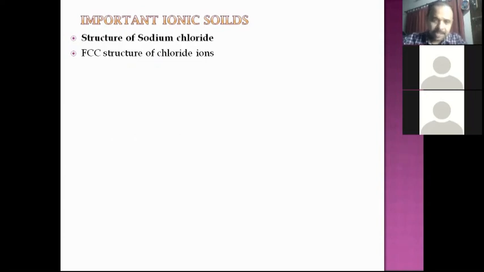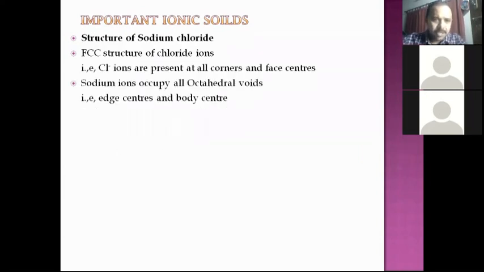Where exactly are the sodium ions? Sodium ions occupy all octahedral voids. What does it mean? We have just told where the octahedral voids are present in an FCC unit cell. If sodium ions occupy all octahedral voids, Na plus ions will be present at all the edge centers and the body center. That is the meaning of that.